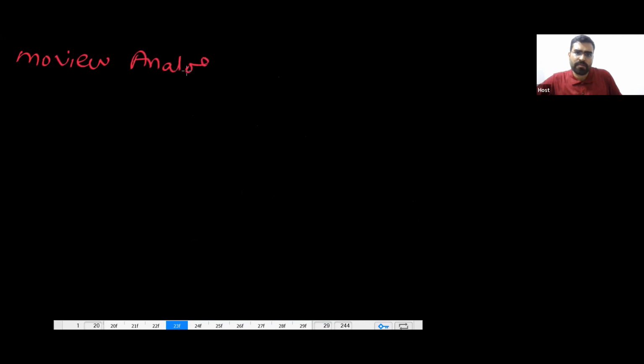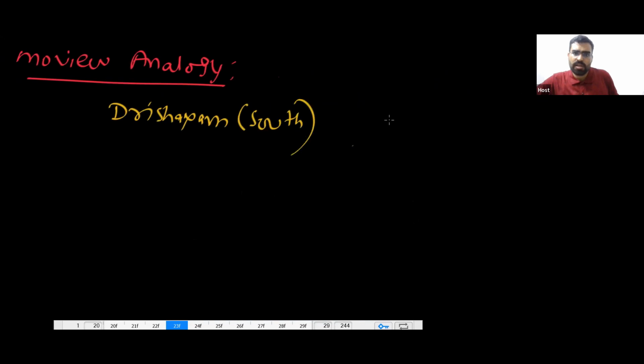If you notice in this movie analogy, what is happening? This Drishyam South is what? This is the graph, yes or no? And this Drishyam Bollywood is also a graph.